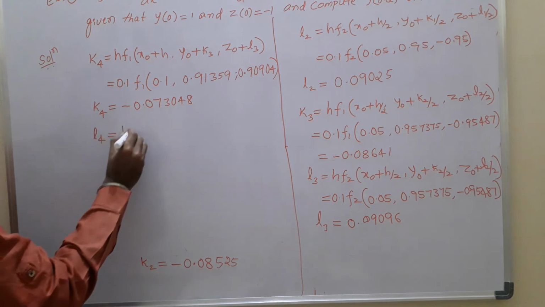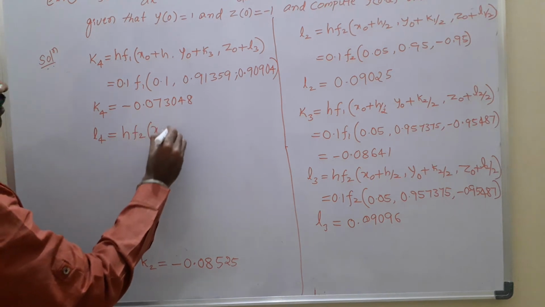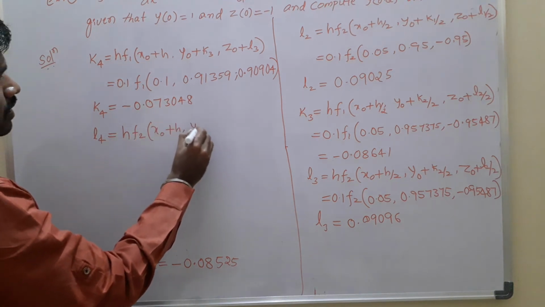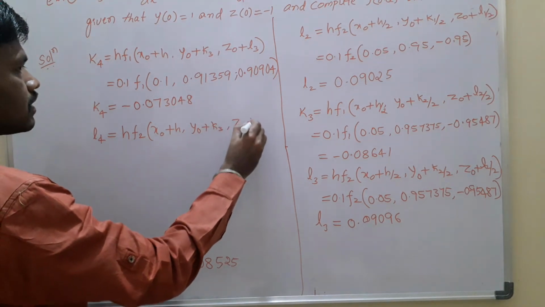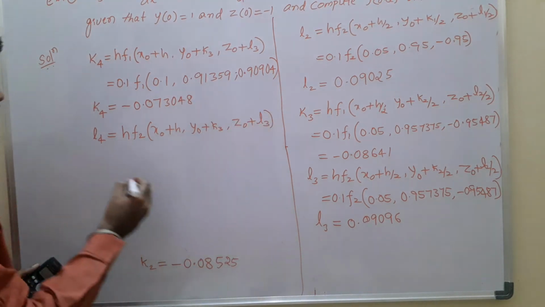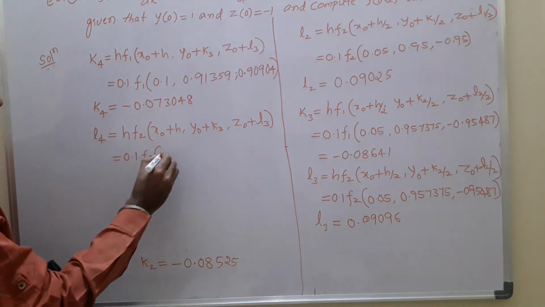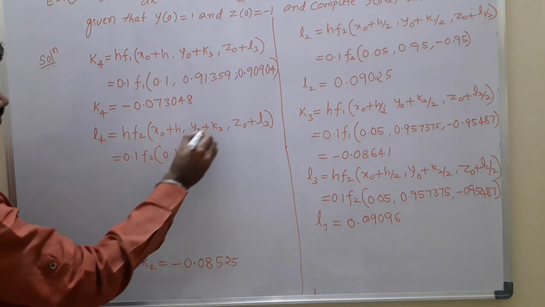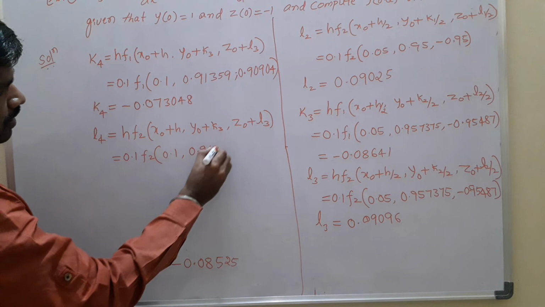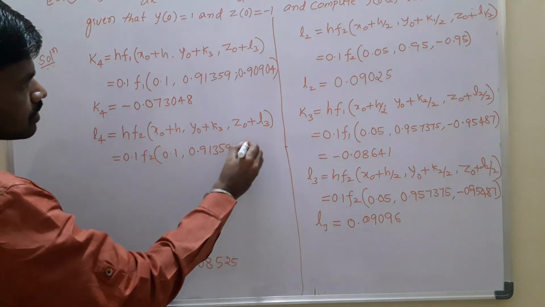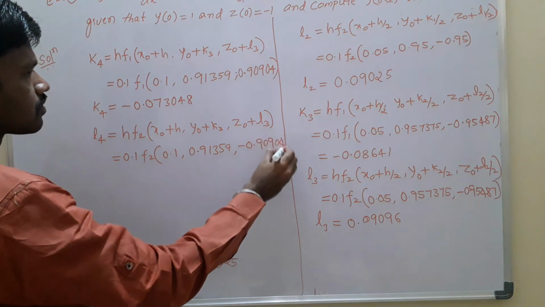And L4 equal to h into f2(x0 plus h, y0 plus k3, z0 plus L3). So that is equal to 0.1 f2, that is 0.1, 0.91359, comma minus 0.90904.